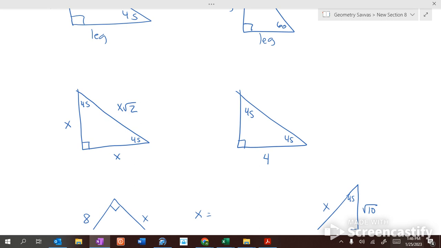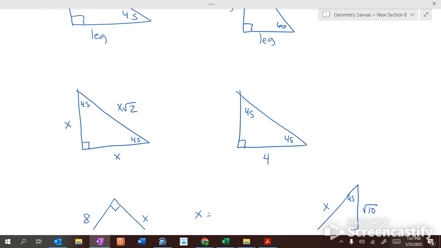What did we learn first semester about if we have two angles that are congruent? What type of a triangle is it? Not just a right triangle, it's an isosceles triangle. So if we have a 45, 45, 90 triangle, that makes it an isosceles triangle, which makes the two legs congruent to each other.